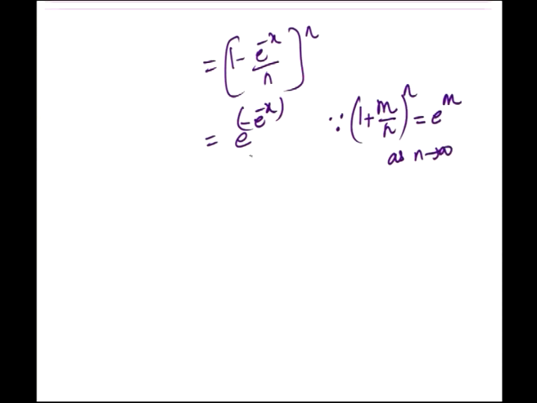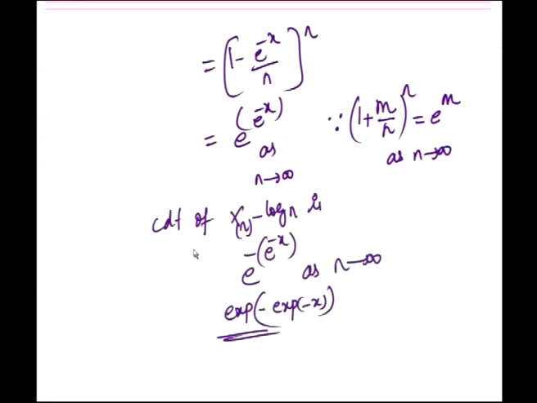So, here also it is equal to e power minus x as n tends to infinity. Hence we have proved that the CDF of x of n minus log n is e power minus of e power minus x, that is exponential of minus exponential of minus x as n tends to infinity. Hence proved.